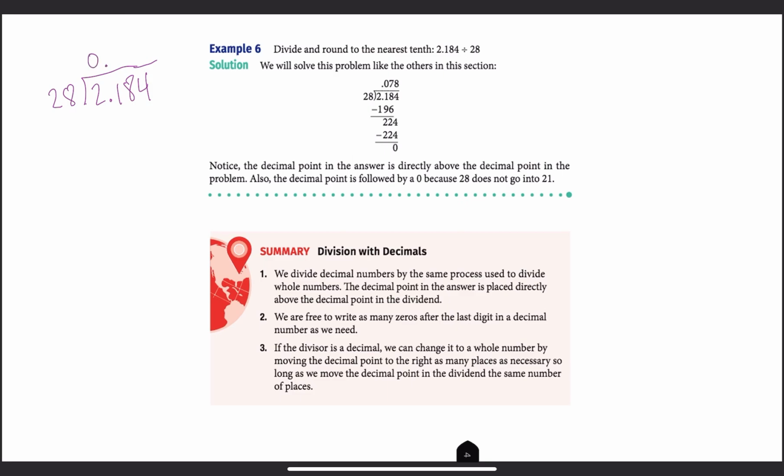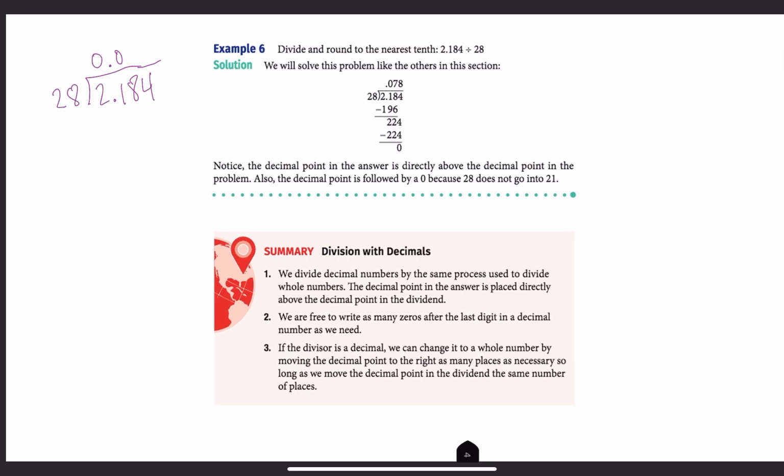And it won't even go into 21, but it will go into 218. How many times? Let's see. So I think 218 is close to 210, and 28 is close to 30, and 30 would go into 210 7 times. So let's try 7 28s.